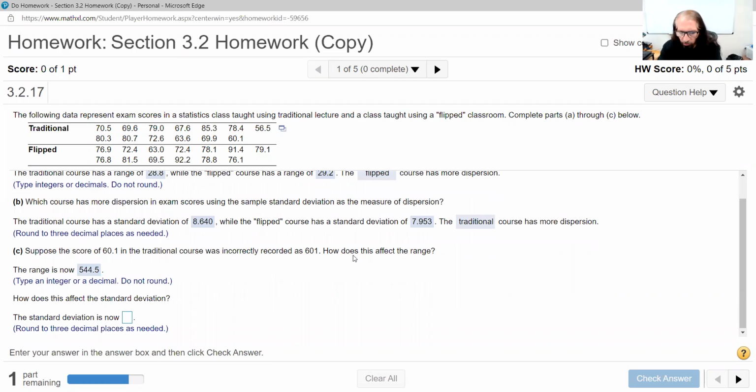How does it affect the standard deviation? Okay. For that, change that. And now we're getting a standard deviation of, well, they probably want this rounded. Let's see, 3 places again. So that's going to round down to 146.699.